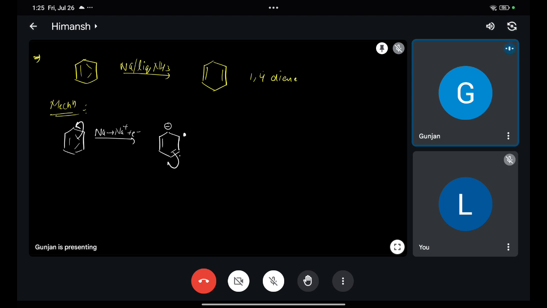This radical will do resonance, with a negative over here, a bond over here, and a newly formed radical, and this radical will make a bond like this, right? And a radical will be created over here. Is it clear or no, Himansh? Not clear, ma'am.